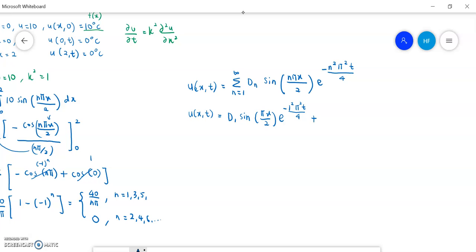And then the next one is when n equals 2. Next one is when n equals 3.